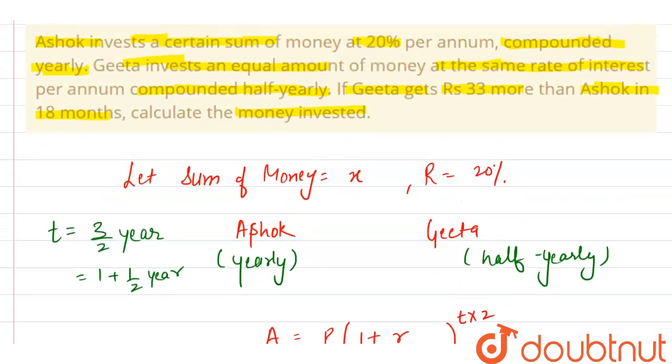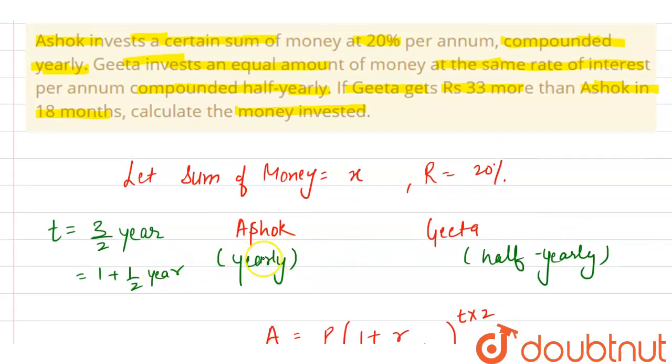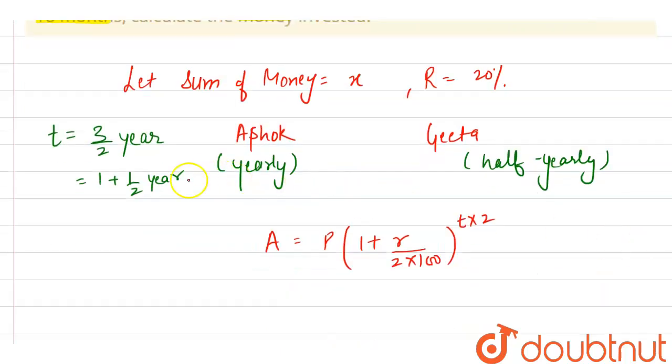In case of Ashok, he is investing the sum yearly, and for 18 months, we can write 1 year and then 6 months. So for the first year, the time period is t equal to 1.